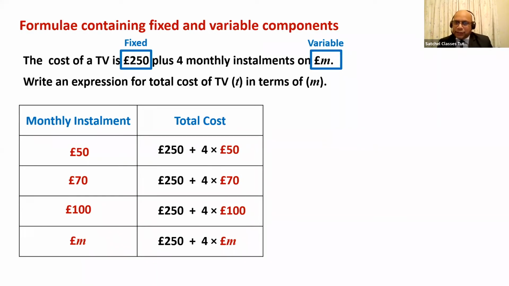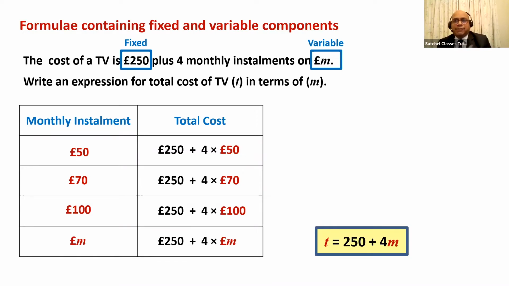For each month you pay M pounds, so 4 months will be 4 times M. So 250 plus 4 times M is your total cost of the TV, which is given by the letter T. So the formula will be T equals 250 plus 4M. 4 times M is 4M, right? So a seemingly difficult question can also be made easy if I just replace all these variables by simple numbers. We have 2 more examples of this kind. Okay, let's go to the next one.